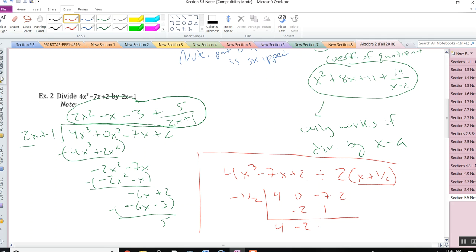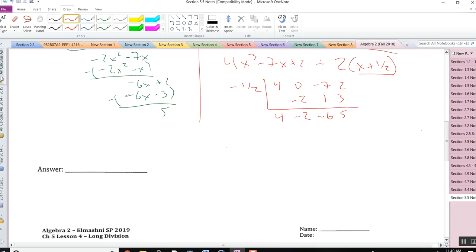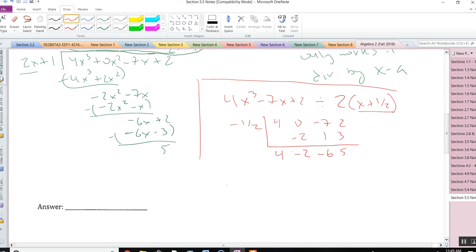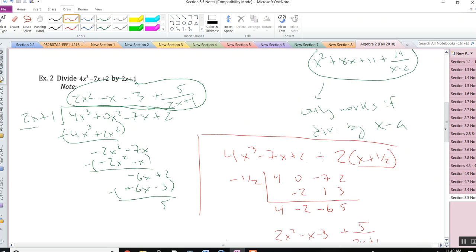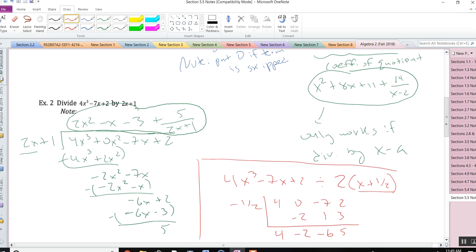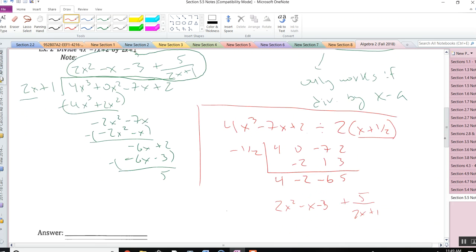Negative 2 multiplied by negative half, that'd be 1. Add to get negative 6, that'd be 3, and that'll be 5. But remember, because we had pulled a 2 out earlier, we're going to have to take half of our coefficients, so it becomes 2x squared minus x minus 3. But the remainder just stays as is. And of course, you divide by 2x plus 1. So you could kind of get away with synthetic division for that one.